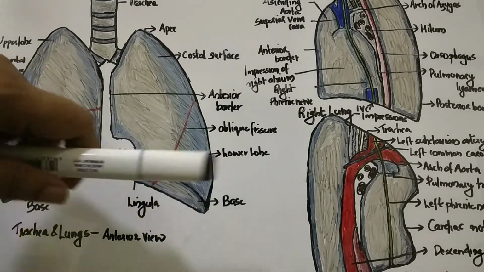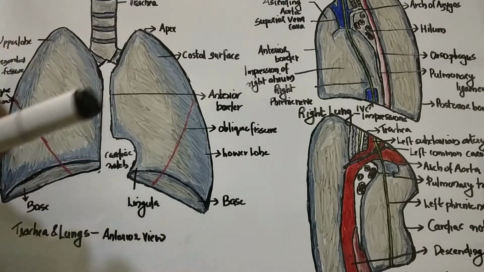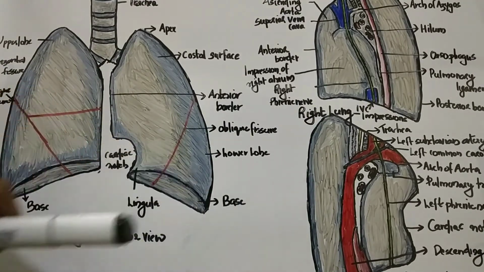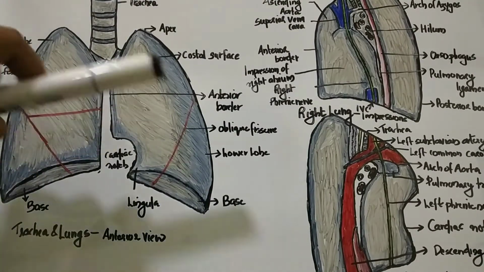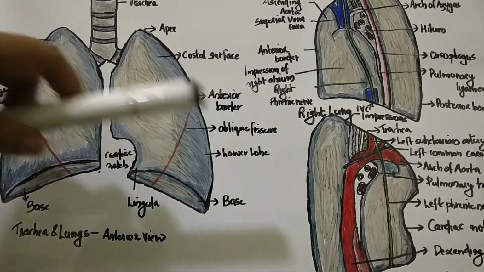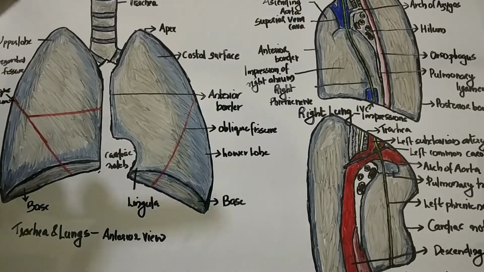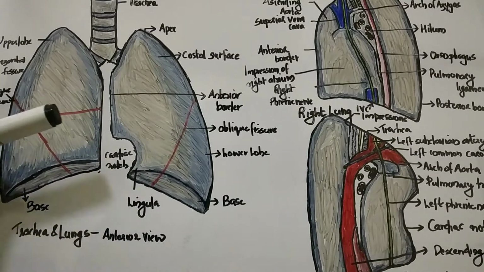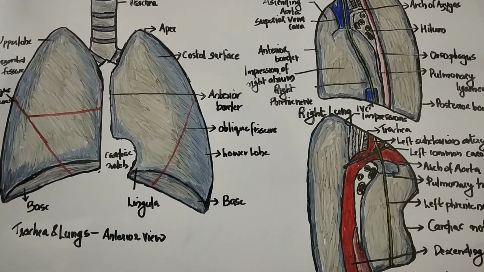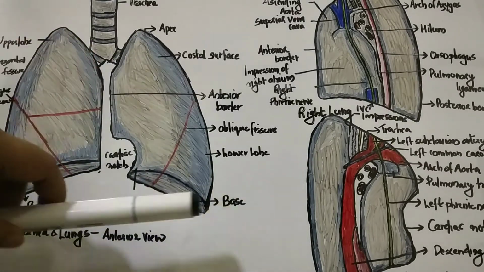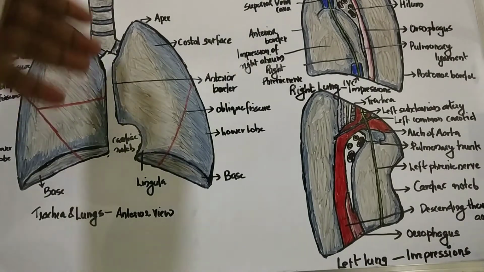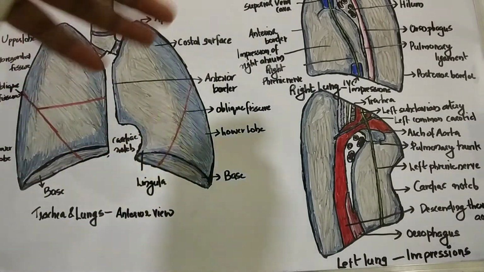It separates the left lung from the left lobe of the liver, the stomach, and also the spleen. So now we will discuss the borders of both lungs, that is the right and the left lung.